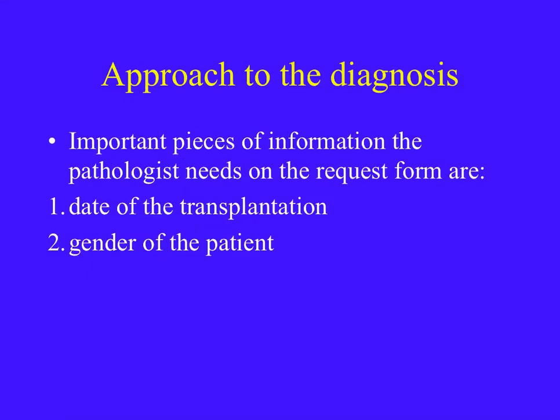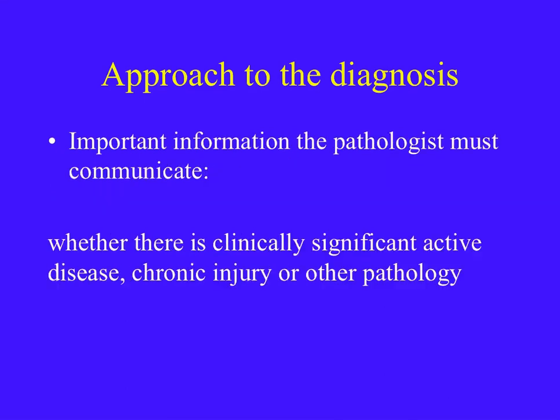Important pieces of information the pathologist needs on the request form are the date of the transplantation and the gender of the patient. And the single most important piece of information that the pathologist must communicate to the clinicians is whether there is clinically significant active or chronic disease or any other type of pathology that may require immediate treatment.